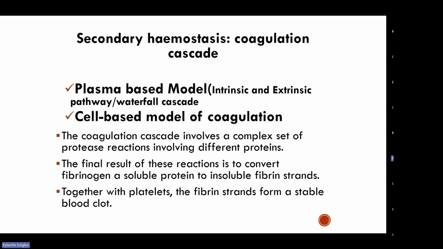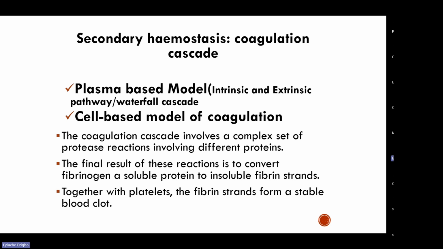And factor 12 was described as the primary step in coagulation because it is found in the blood. When you look at the intrinsic pathway of coagulation, factor 12 is found in the blood. So that pathway of initiation of coagulation through factor 12 was named the intrinsic pathway.